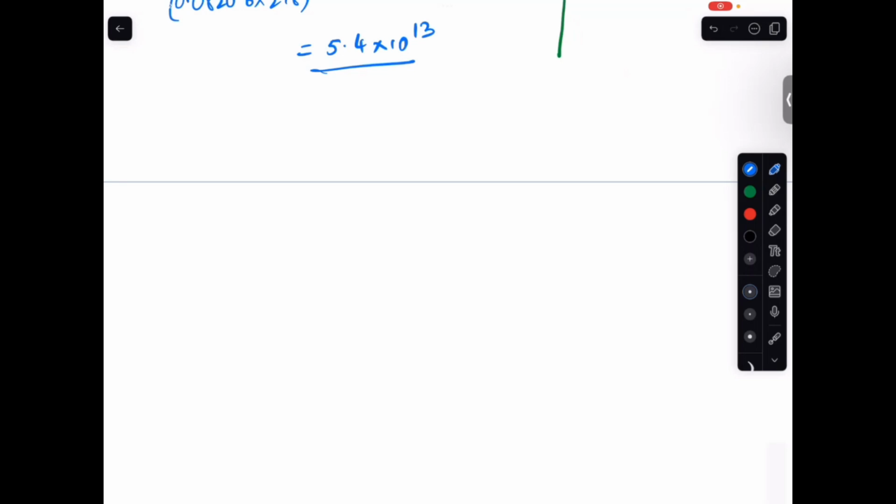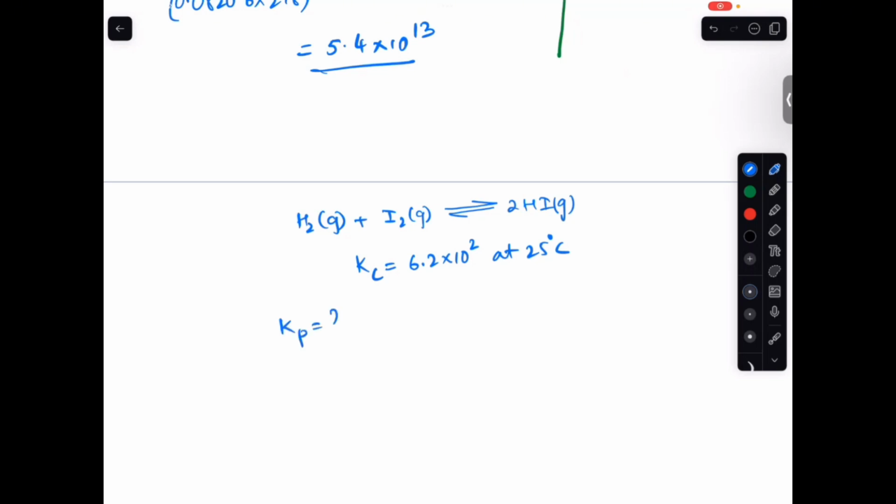Okay, so here's another one. You're given this reaction, H2 plus I2 gives us 2HI. Kc for this is given to us as 6.2 times 10 to the power 2 at 25 degrees Celsius.